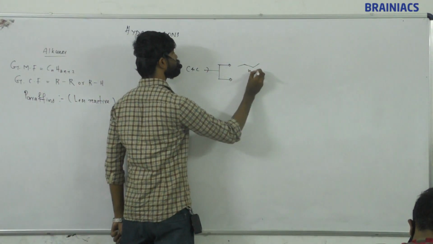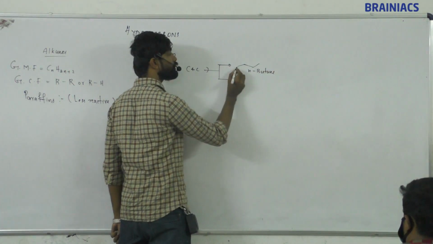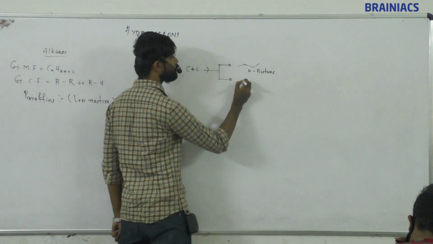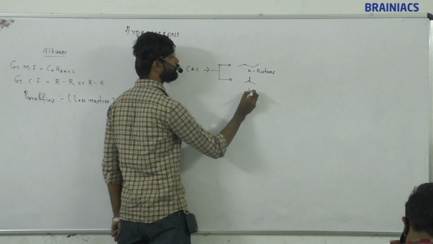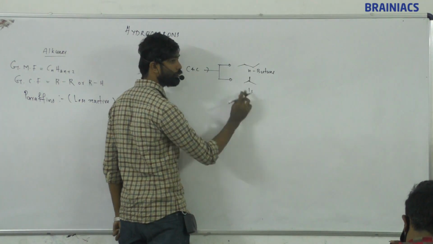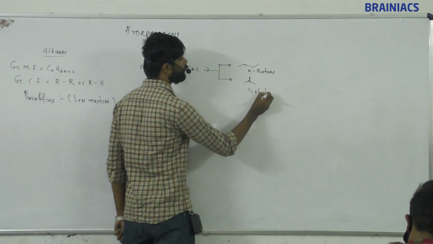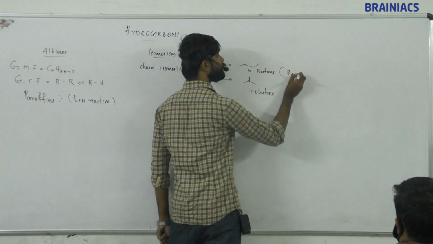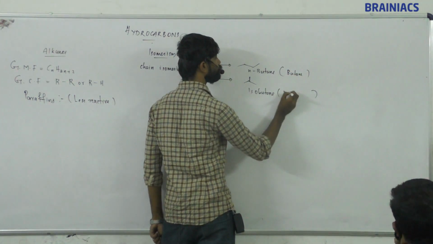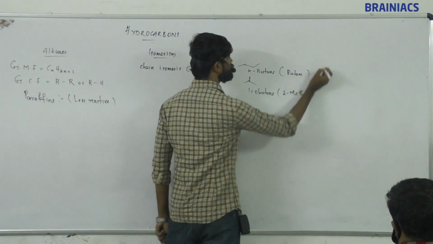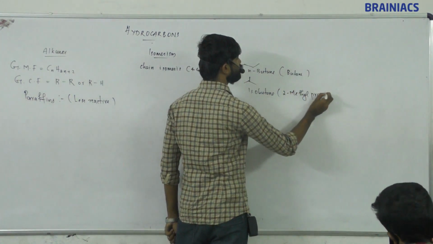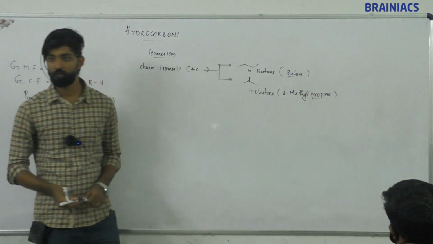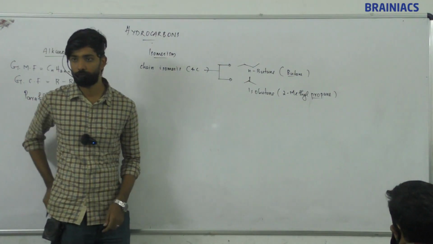Normal butane, CH3, CH2, CH2, CH3, which is an isomer of isobutane, 2-methyl propane. The IUPAC name of normal butane is butane, and this one has the IUPAC name 2-methyl propane. So what is the difference? The difference is in the main chain, which means they are chain isomers.